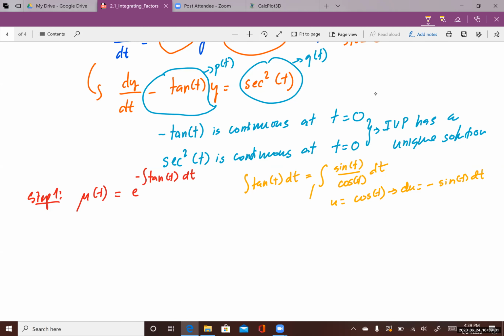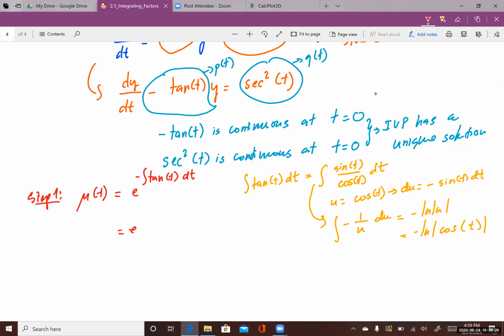So this integral becomes negative 1 over u du, which is negative natural log of u, and u is cosine, so it's negative natural log of cosine of t.